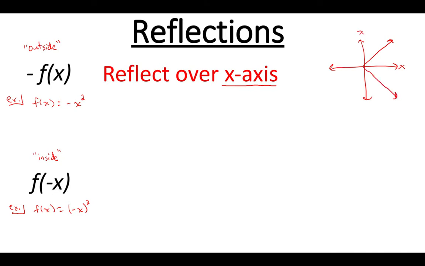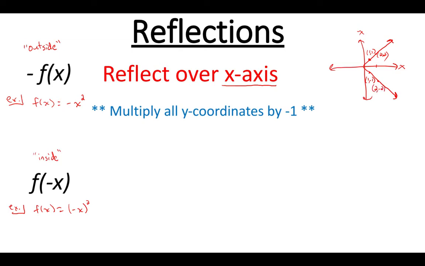What that ends up doing is changing all of the y coordinates to negative, meaning we multiply them by -1. So if this one were originally (1, 1), we're now at (1, -1). And if this one were at (2, 2), we're now at (2, -2). So it negates all of the y coordinates. Hopefully that makes sense.